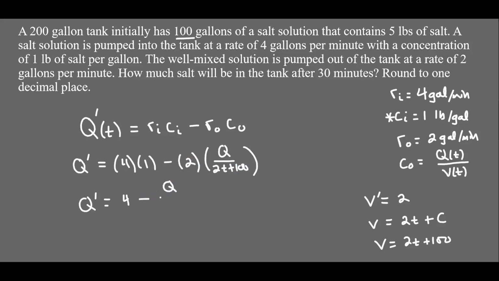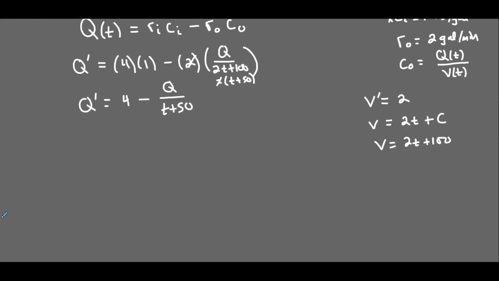The 2's will cancel out, so you get t plus 50. You could factor out a 2 here and then cancel it out with that 2. So I'm just going to rewrite this a little bit. I'm going to move the Q to the left, and put this coefficient in front of Q. That's equal to 4.